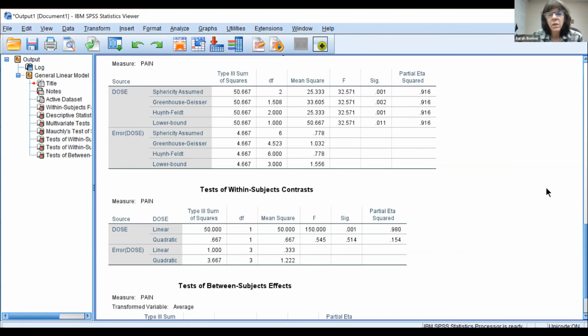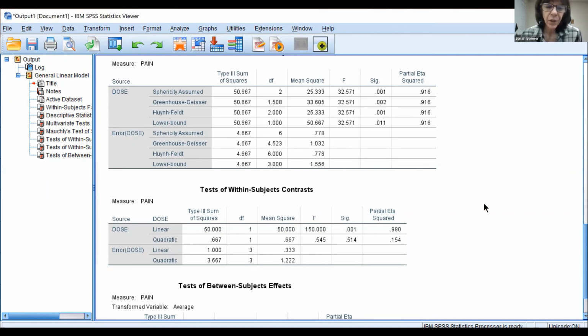And so we see here that we have a significant trend. In other words, not only is dose statistically significant, but there is a constant line that can model with reasonable precision a straight line relationship going through dose 1, dose 2, and dose 3. So that's a test of a linear relationship.